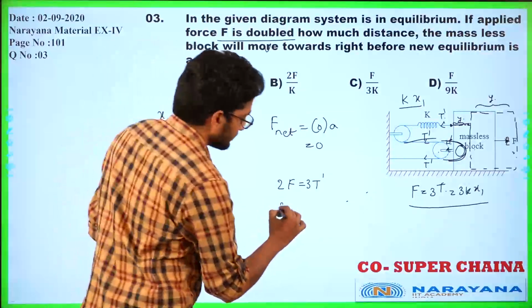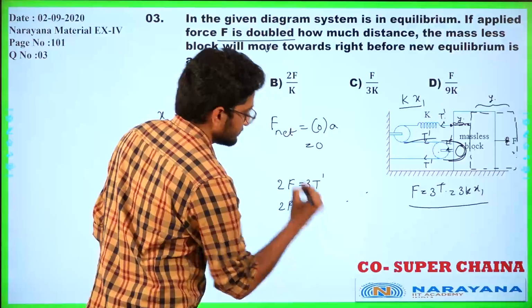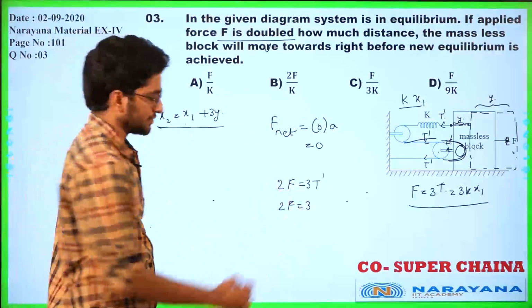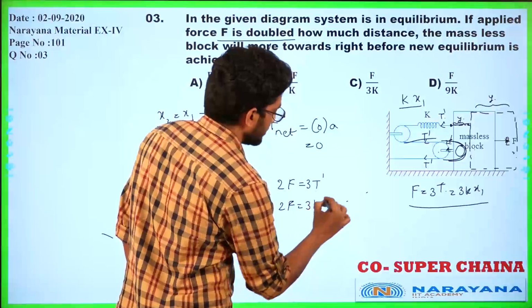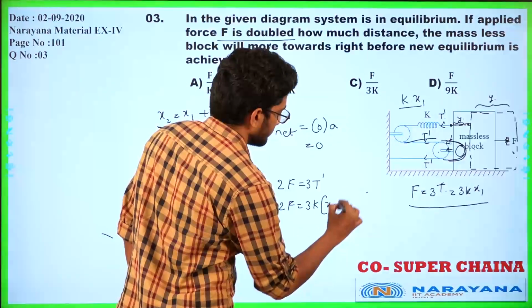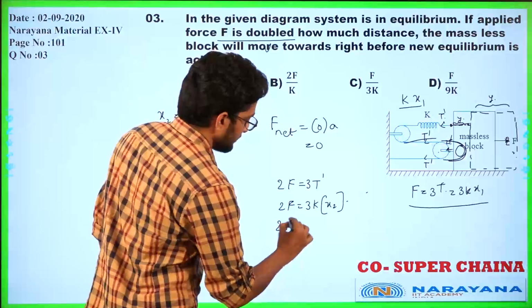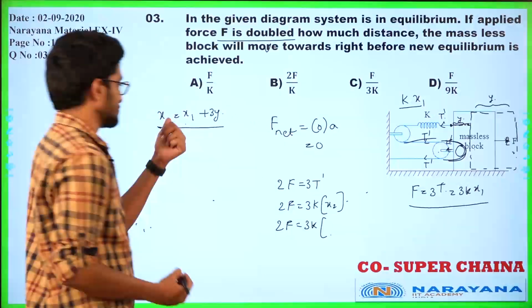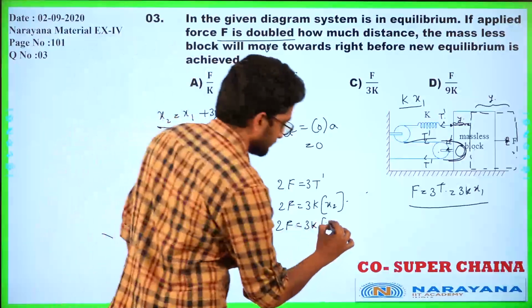So how do I find T dash? Final expansion in the spring is x2. So force is k into x2. And instead of x2 again I will substitute this. So the x2 value is x1 plus 3y.